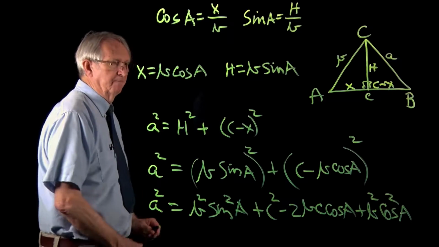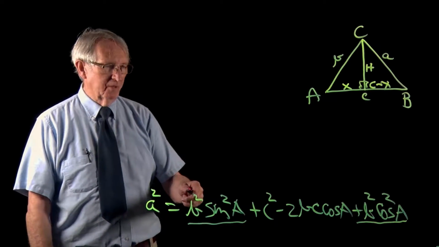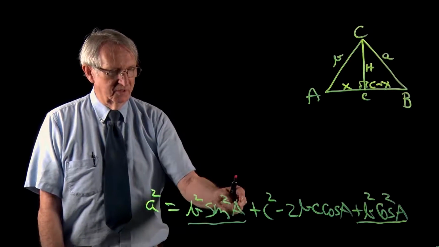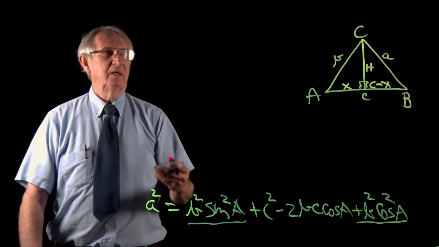Okay? So what I'd like to do now is take this term way on the right here and move it up closer to the front term. And here's how we're going to do it.